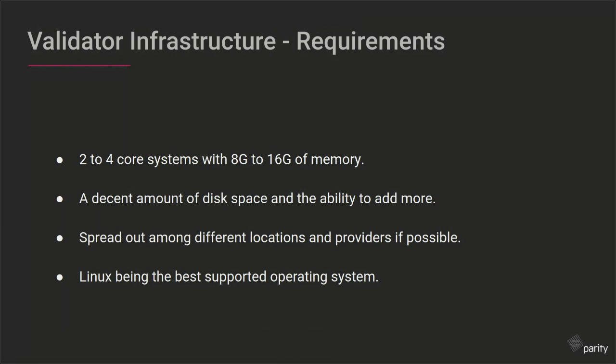So the more distributed you are physically, but also over providers, if possible, all of this is good just for variety. Any individual availability zone or any individual network provider's problem, you want it to impact your staking operations as little as possible.